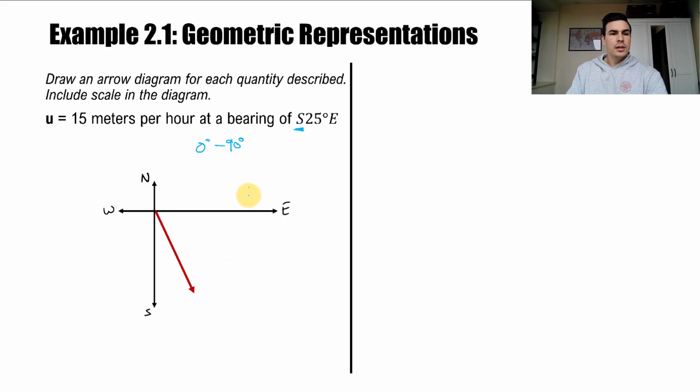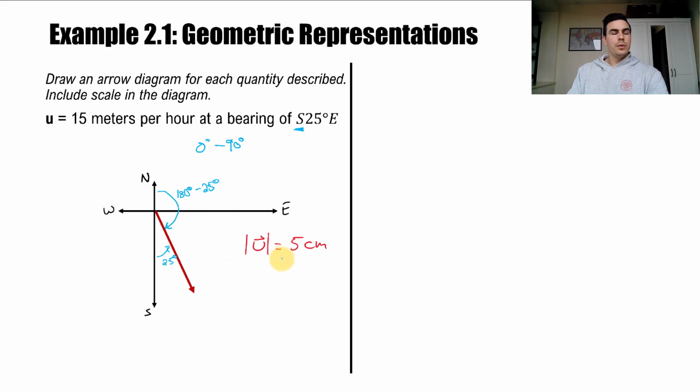That is just going to land us in one of our quadrants always. So if this is 25 degrees, then our true bearing would be this angle here, which would be 180 degrees minus that 25 degrees. That would be our true bearing, if you were asked to represent this in a true bearing.